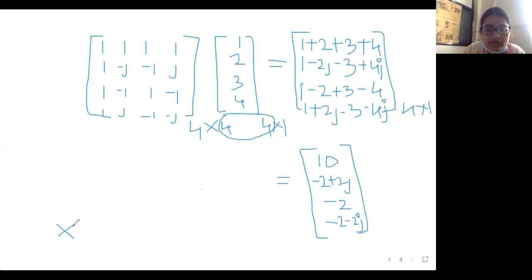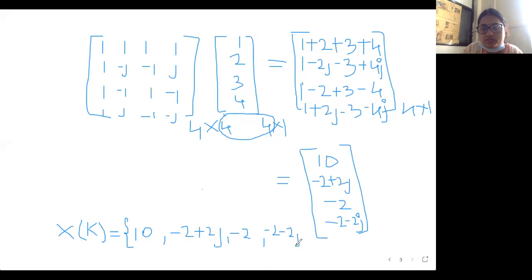What is the final answer that I have obtained here? X of k, these are my DFT values. X of k is equal to, in brace brackets, 10, comma, minus 2 plus 2j, comma, minus 2, and the final answer is minus 2 minus 2j, right?